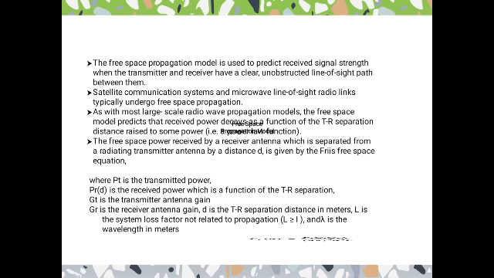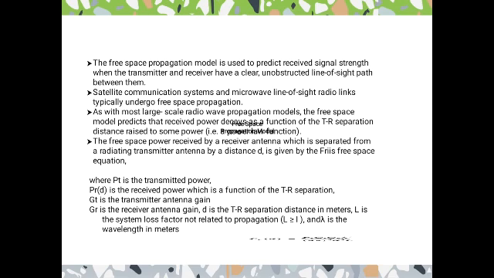The free space power received by the receiver antenna, which is separated from a radiating transmitter antenna by a distance d, is given by the free space equation, with PT as the transmitted power and PR as the received power.